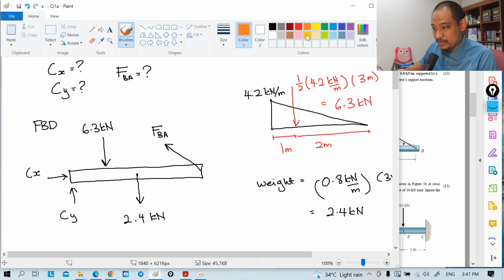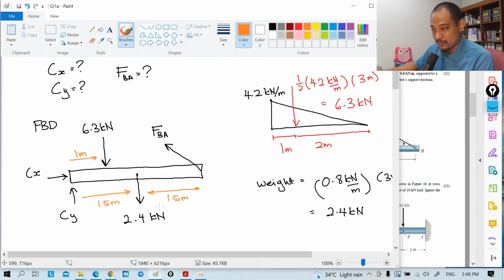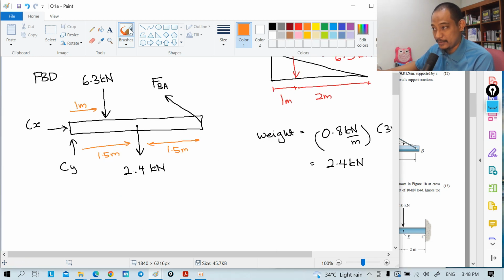And to complete it, the distances are a requirement. This is 1 meter, this is 1.5 meter, half of it, and the remaining is another 1.5 meter. So the total is 3 meter. All the important information is already here, so we can continue the calculation.